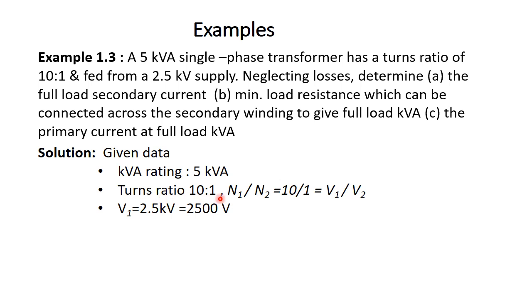Turns ratio is given, 10/1. That is N1 by N2, 10/1, equals V1 by V2. V1 is given, that is 2.5 kV, equal to 2500 volt.